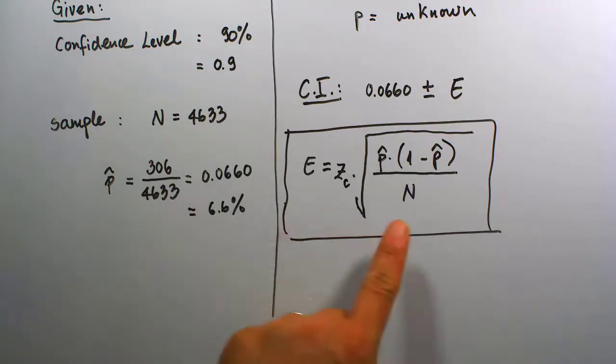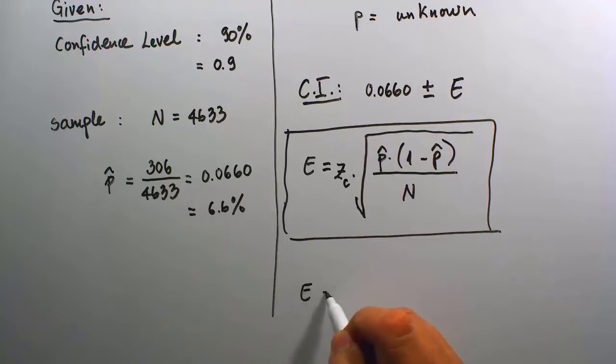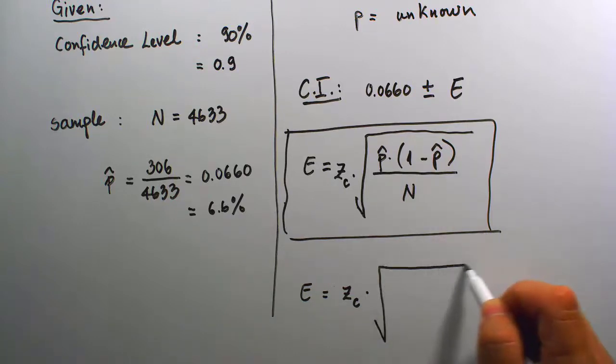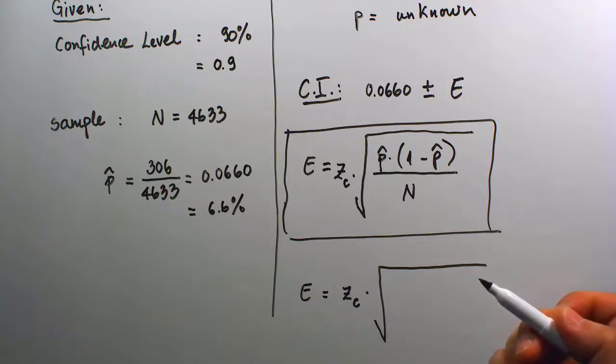Let's see how ready we are for using this formula. In this formula, except the z sub c value, which I will eventually discuss, everything inside the square root expression is already given.